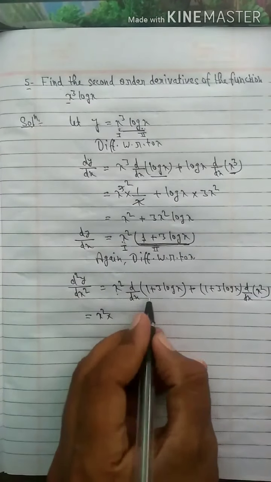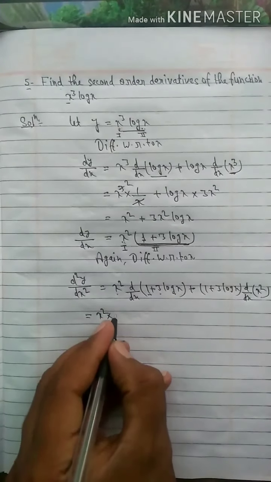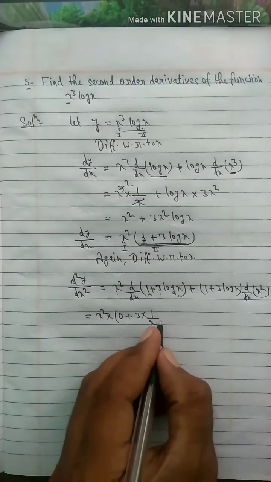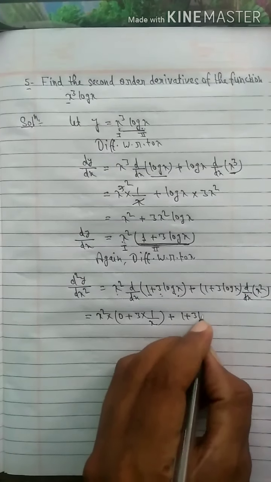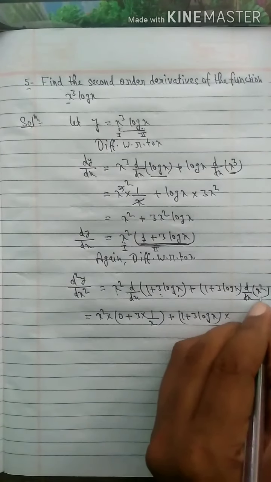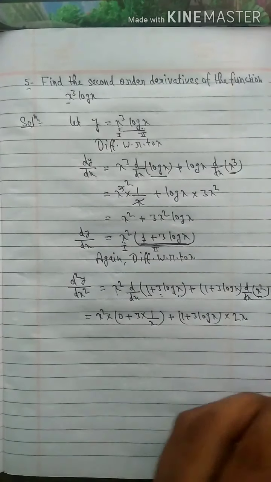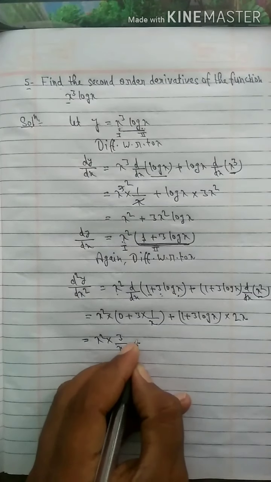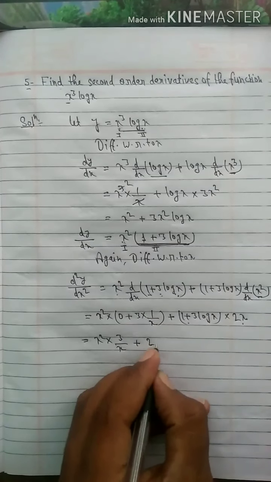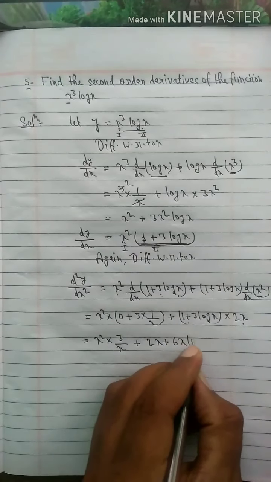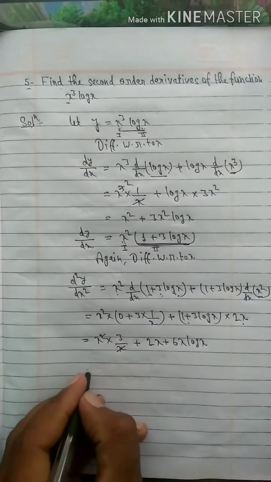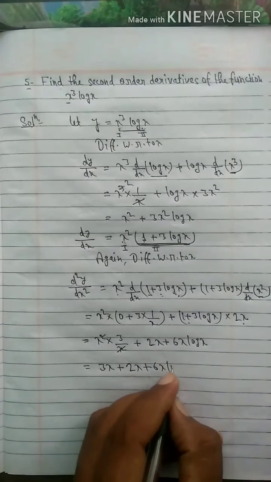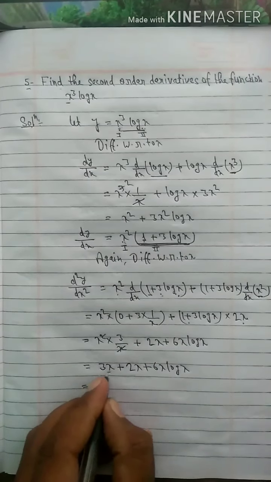The derivative of 1 plus 3 log x: 1 gives 0, 3 log x, 3 is the coefficient, the derivative of log x is 1 by x, plus 1 plus 3 log x, and the derivative of x square is 2x. x square into 3 upon x plus, and now multiply by 2x, so we can write 2x plus 6x log x. 1 by x is cancelled out, and here left 3x plus 2x plus 6x log x.